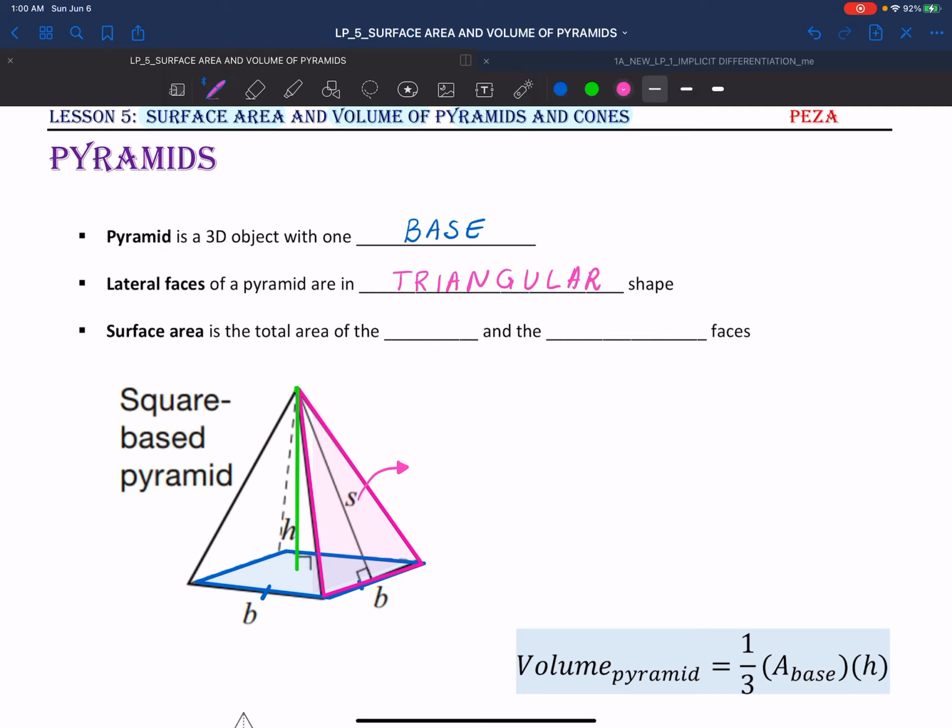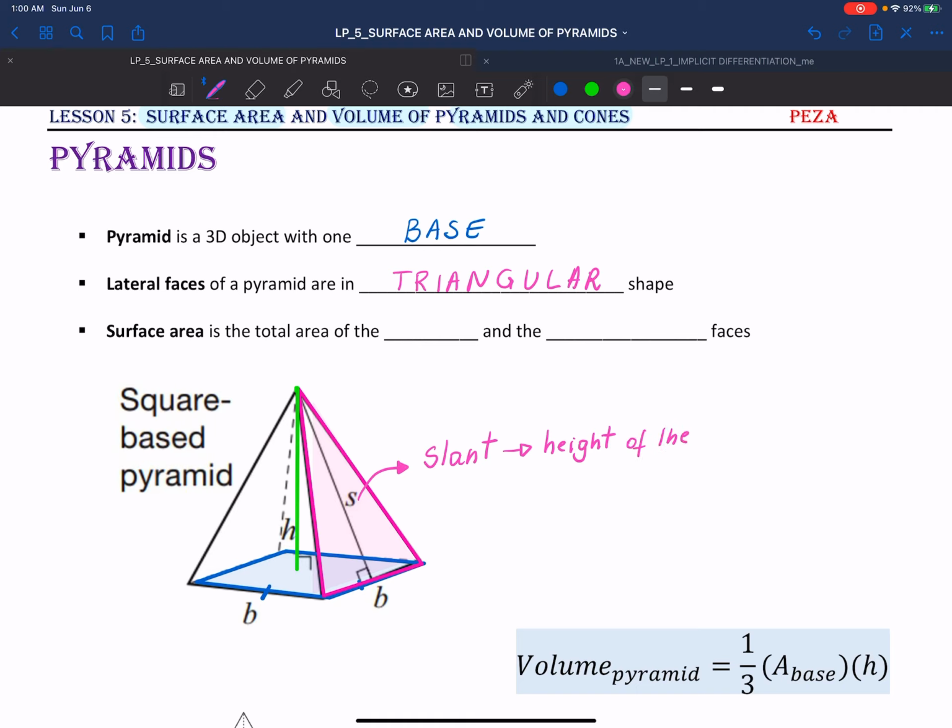Now, since this is a height, why did we use the word S for it? As a matter of fact, this particular measurement has a special name and a special role in the pyramid. So we call this the slant of the pyramid. So the slant of the pyramid is nothing but the height of the triangular lateral face.